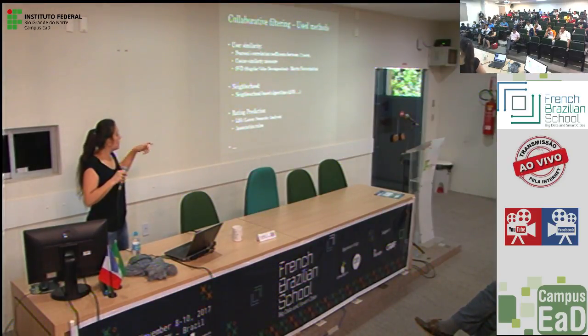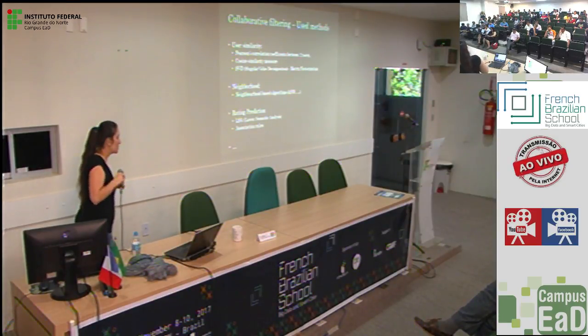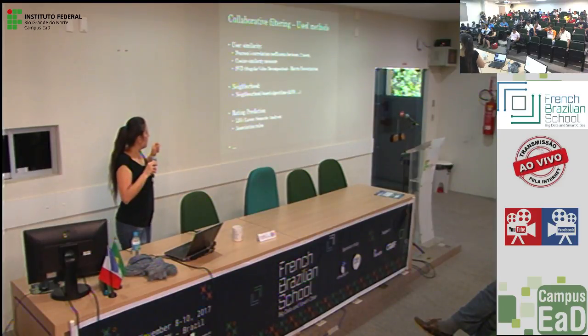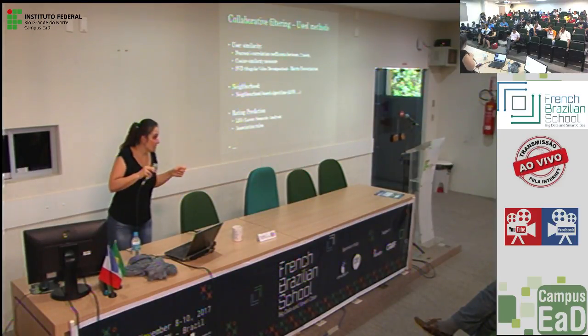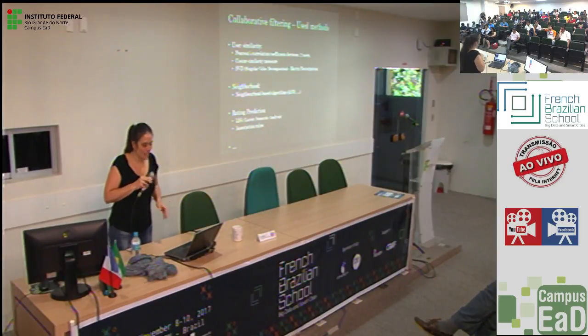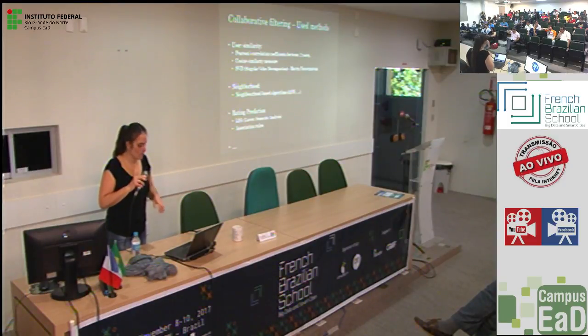And for rating prediction, because we have to find the value for items that have not already been evaluated, we have latent semantic analysis or association rules and some others. I won't give details; we have already seen some of them during the weeks.